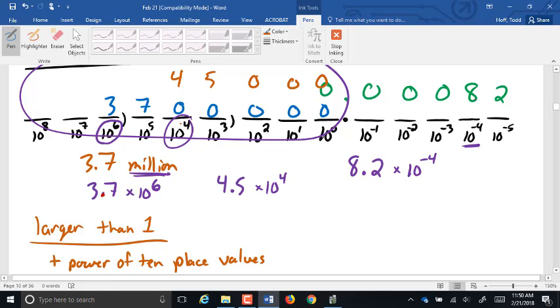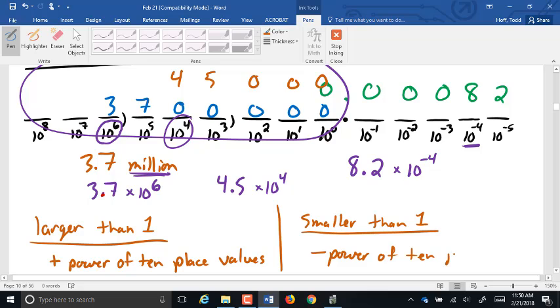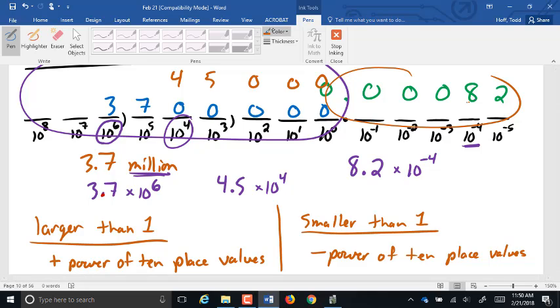So the positive power of 10 place values are our large numbers. Numbers that are smaller than 1, our decimal numbers, all have place values that are in the negative powers of 10. So any of these numbers that have their first non-zero digit after the decimal point would be less than 1. Those are in the negative powers of 10.